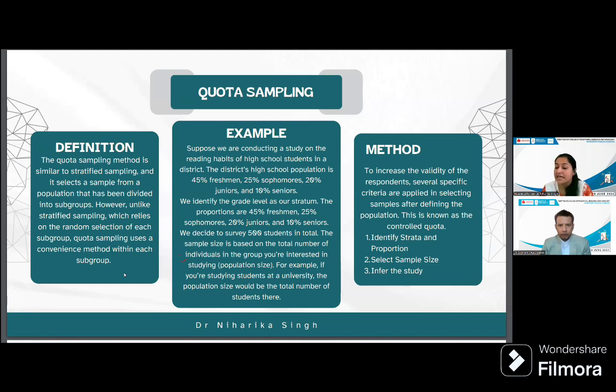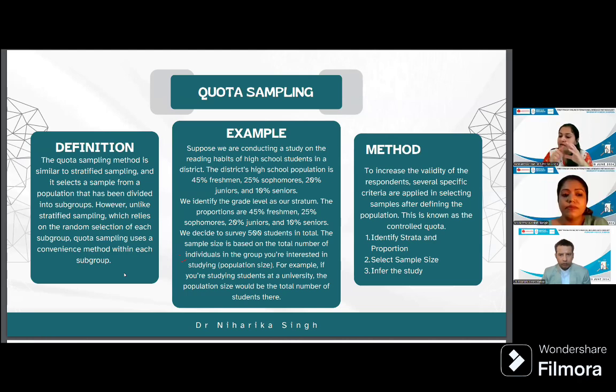So if your final sample of 500 that you are studying doesn't include the exact ratio and proportion of the original population, it will not be quota sampling and it will not justify the exact ratio of the sampling technique that you are using for your study.